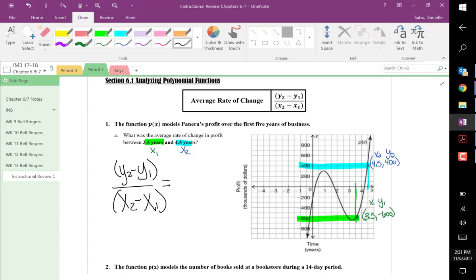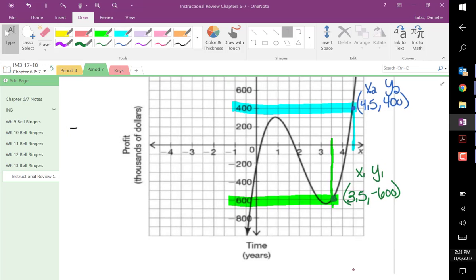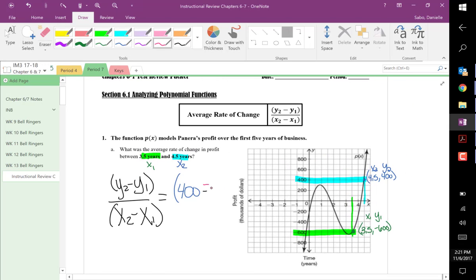What is your y2 value? Good, 400. What is my y1 value? Good, negative 600. Do you have questions on that part, on where those are coming from?